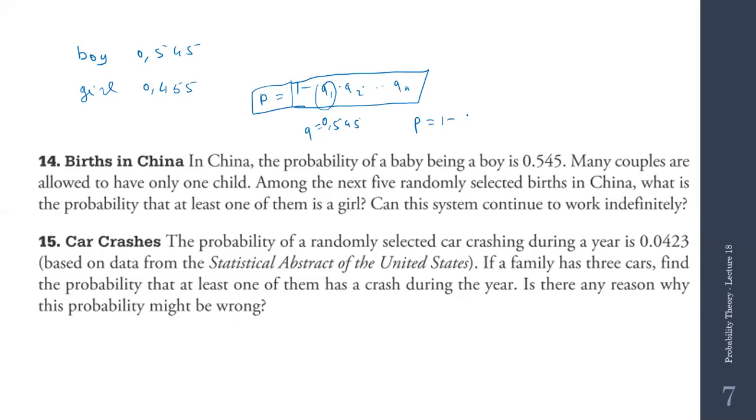P equals 1 minus 0.545 to the 5, because we have 5 verses. So we need to calculate this number.